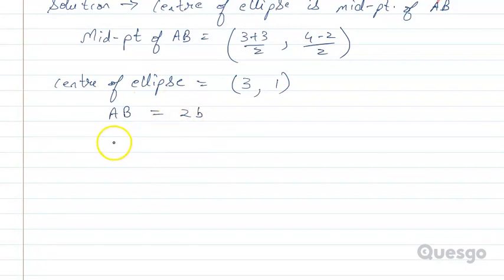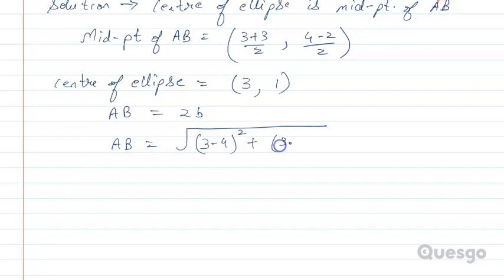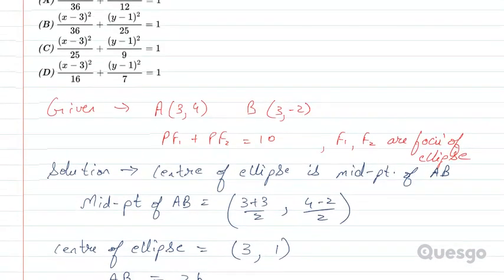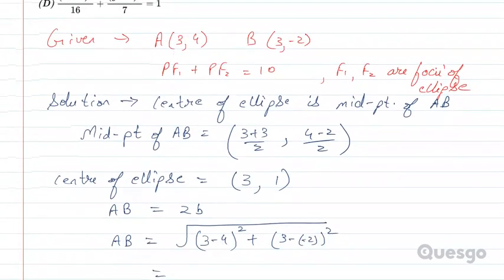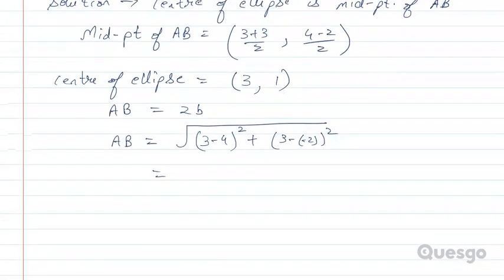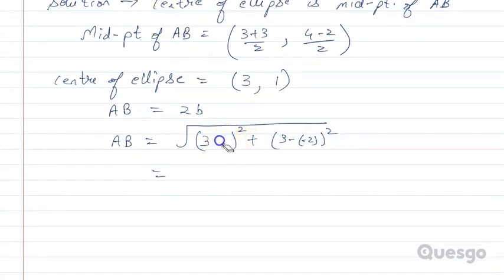Now we can calculate AB. So जो AB distance होगा, this will be equal to under root of, using distance formula, (x2 minus x1) whole square plus (y2 minus y1) whole square. हमने यहाँ पे this we have written wrong.